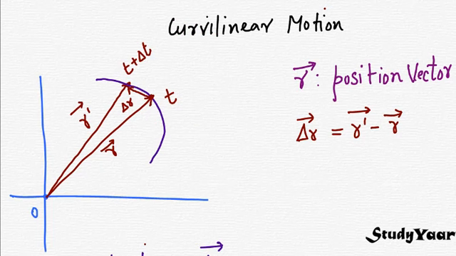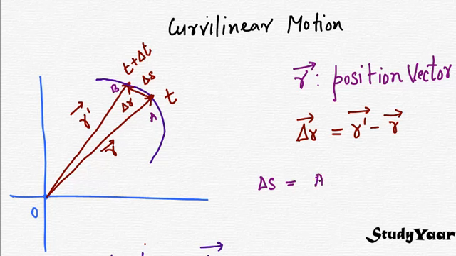Now let's talk about my speed. Look, this particle has traveled from this point to this point along this path. Therefore it has traveled a distance which is equal to this arc, right? Let us call this distance delta s. Let me say that this point is A and this point is B, then my delta s is the length of arc AB.